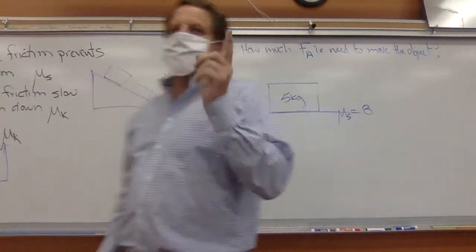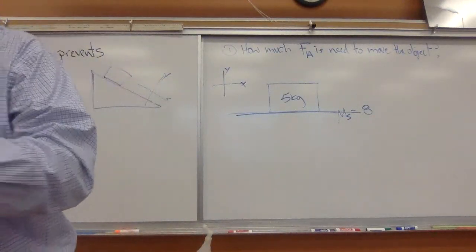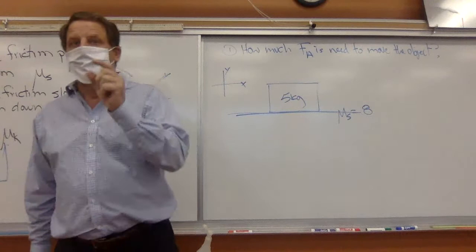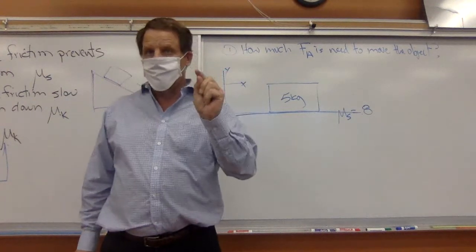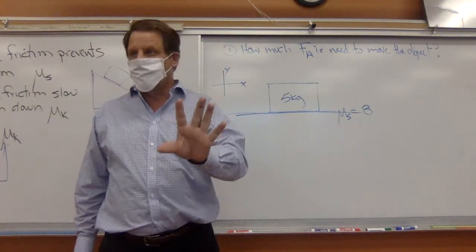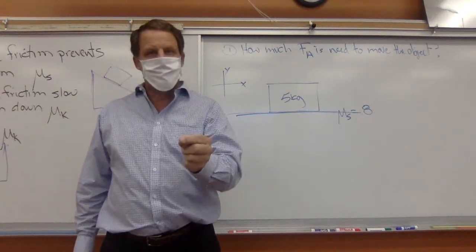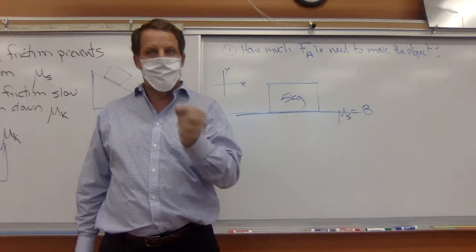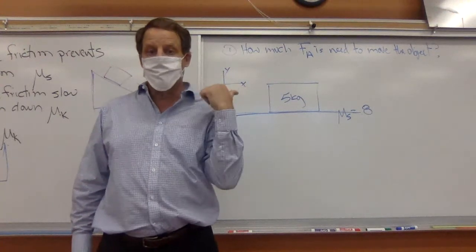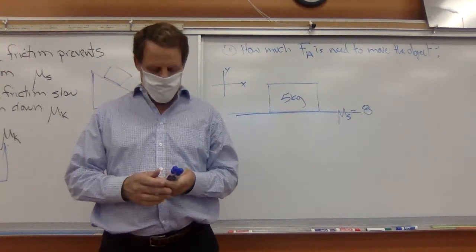All right. So now, step number 2, draw a force vector for everything that touches an object plus gravity plus friction. Everything that touches an object plus gravity plus friction. What is touching this object?